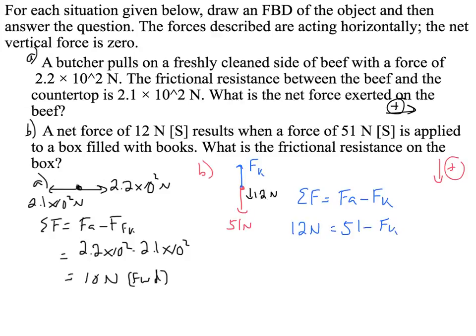When you rearrange your equation, you get F kinetic friction equals 39 newtons. Now, keep in mind that Fk is working up, so your direction must be up in this case, or more correctly, given the wording of the question, north.